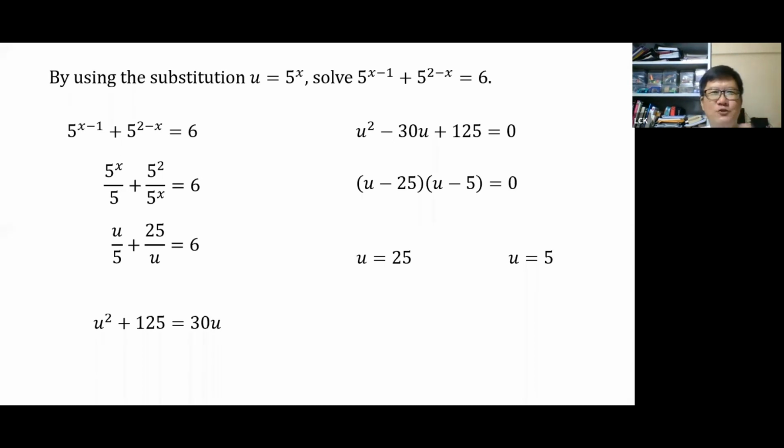So u is like Dubai. We've got to take 5 to the power of x equals 25, and that gives you x equals 2. 5 to the power of x equals 5 gives you x equals 1. Simple. So x equals 2 or x equals 1.